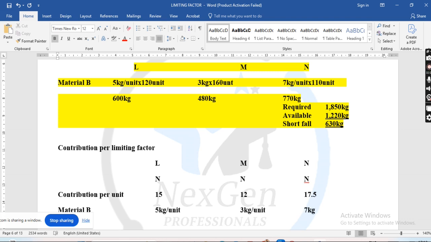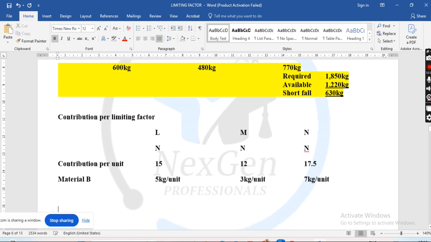Now, contribution per limiting factor will be contribution per unit, A, divided by the kg per unit, B, so that you understand.